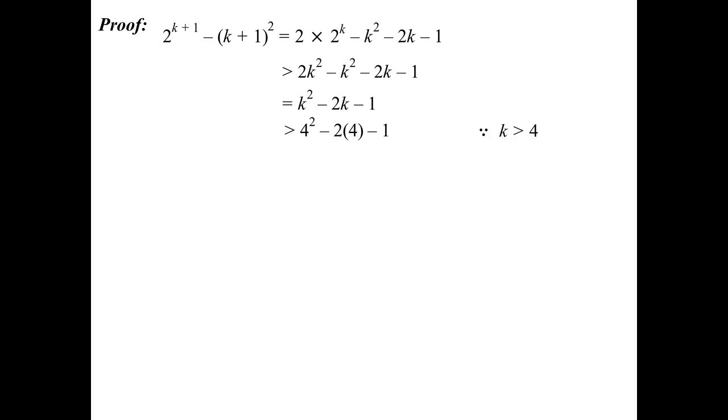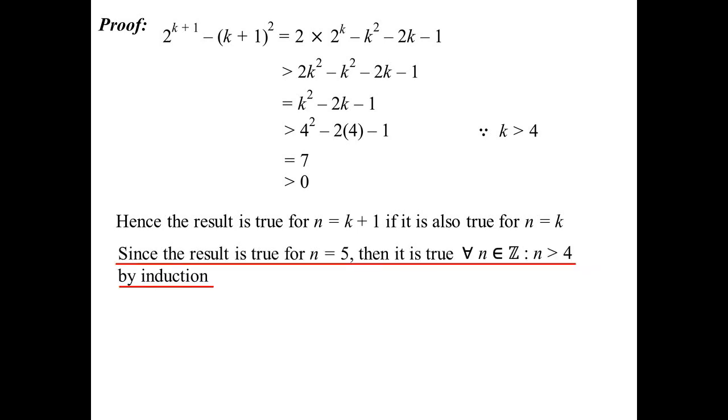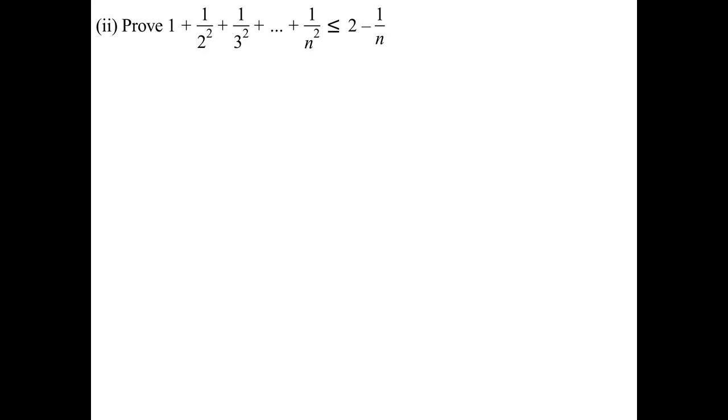But because we've said k is greater than 4, it is fair enough to make that statement. And that's 7, and 7's bigger than 0. So hence it's true for k plus 1, if it's true for k, and there we go. Since it's true for n equals 5, then it's true for all integers such that n is greater than 4 by induction. Here's a series type with an inequality.